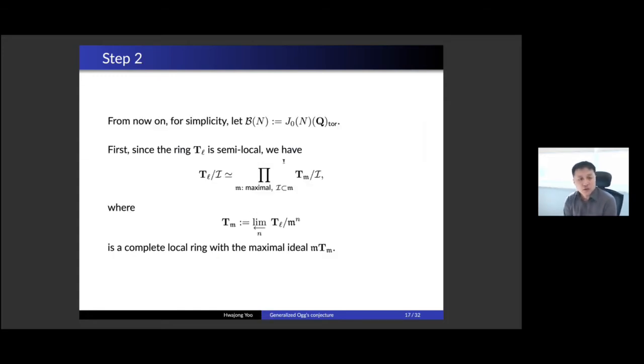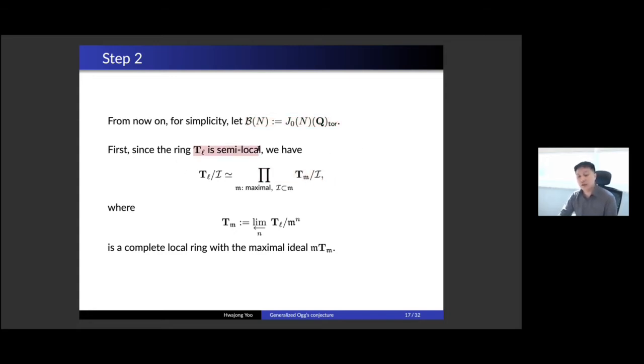So now, for simplicity, B_N is the rational torsion subgroup of J_0 of N. And first, we decompose this ring into complete local rings.